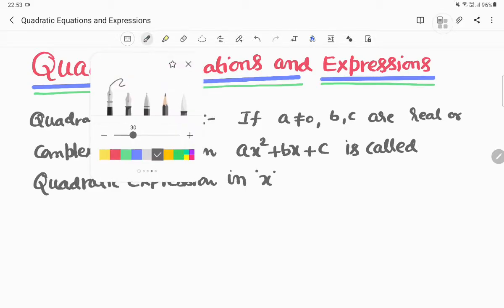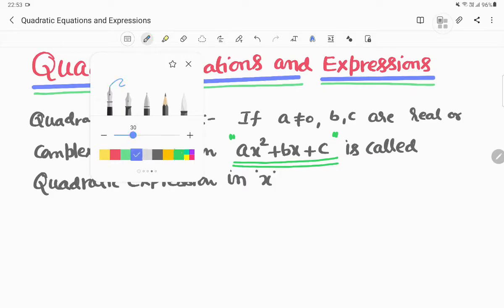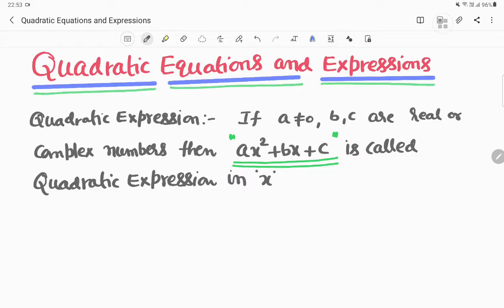So this is called a quadratic expression. In that, compulsorily a should not be equal to 0 and b comma c are real or complex numbers.